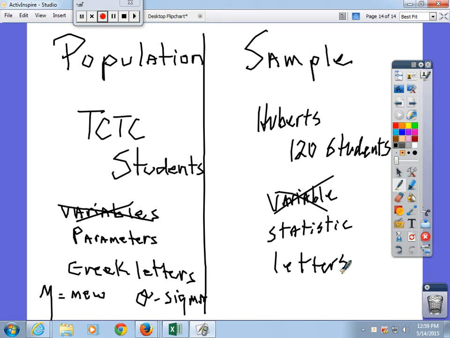The ones you're going to see most are X bar and S. They mean the same thing as mu and sigma. Mu and X bar are the mean, the average. Sigma and S are the standard deviation.